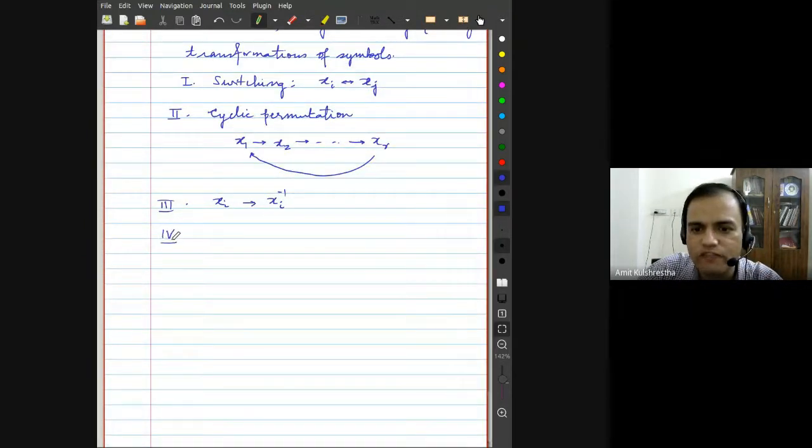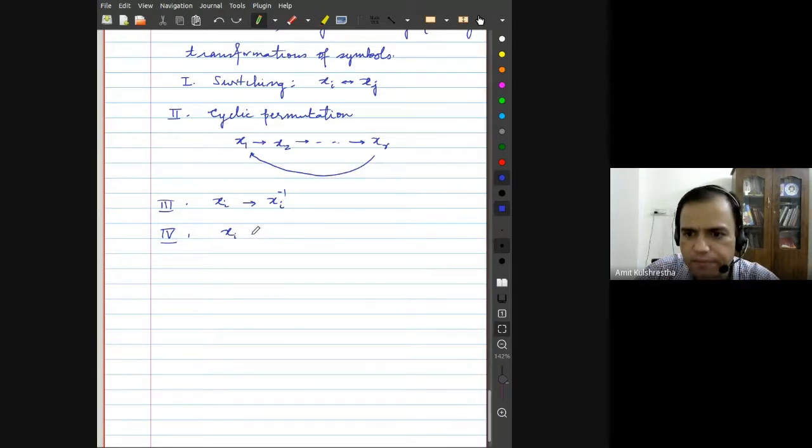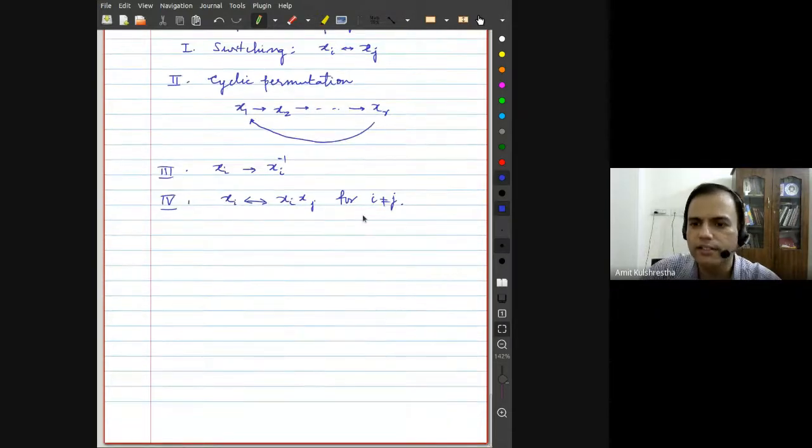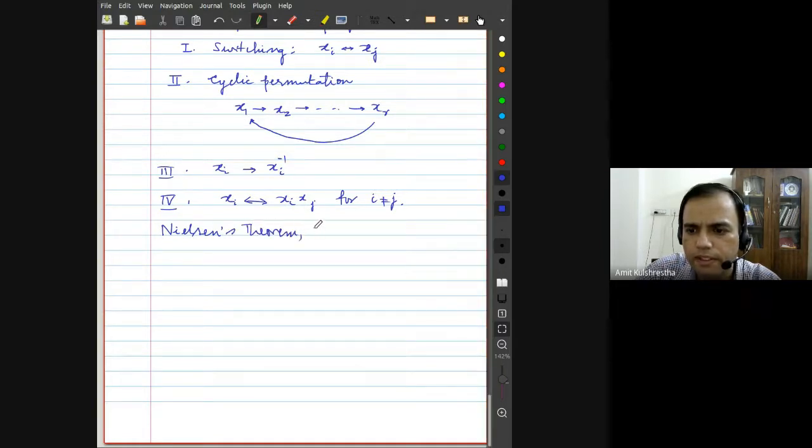And these operations look very much like matrix operations, you see? Famous row or column operations. So here, you replace xi by xi xj, for i not equal to j. So you consider these transformations, and here's a theorem. It is Nielsen's theorem, 1921.